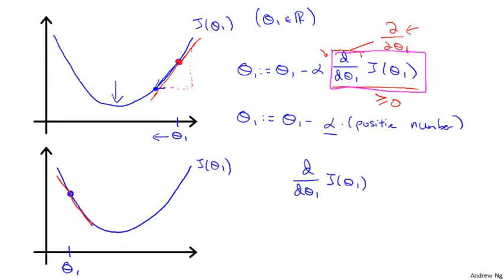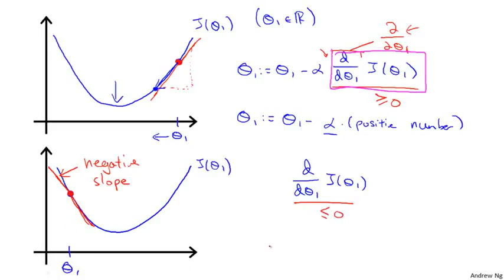So this derivative term is the slope of this line. But this line is slanting down, so this line has negative slope. Or alternatively, I say that this function has negative derivative, just means negative slope at that point. So this is less than or equal to 0.